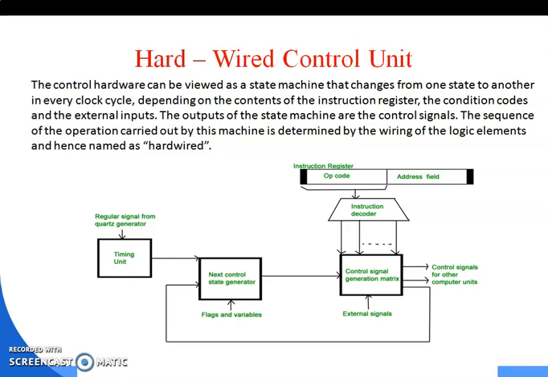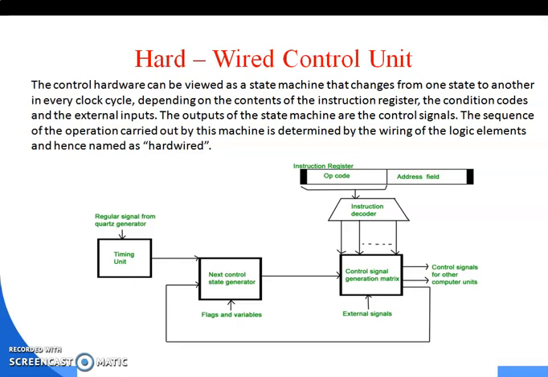The signals are generated according to the behavior of those logic gates, and according to that the control unit controls the entire process. So the entire thing is that this control unit is controlled by the hardware circuits.